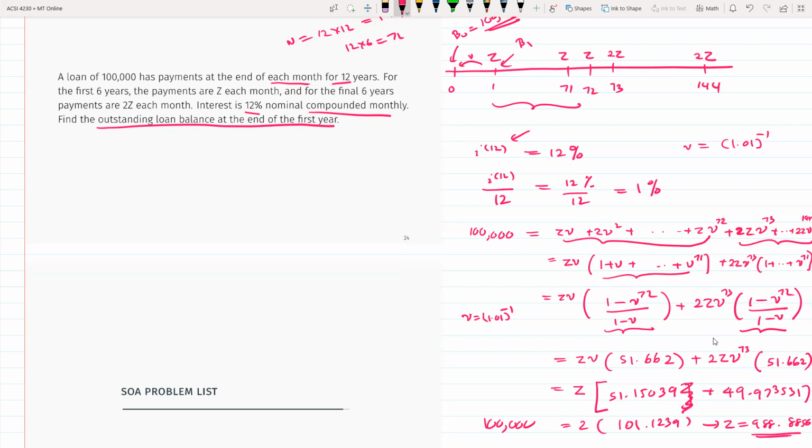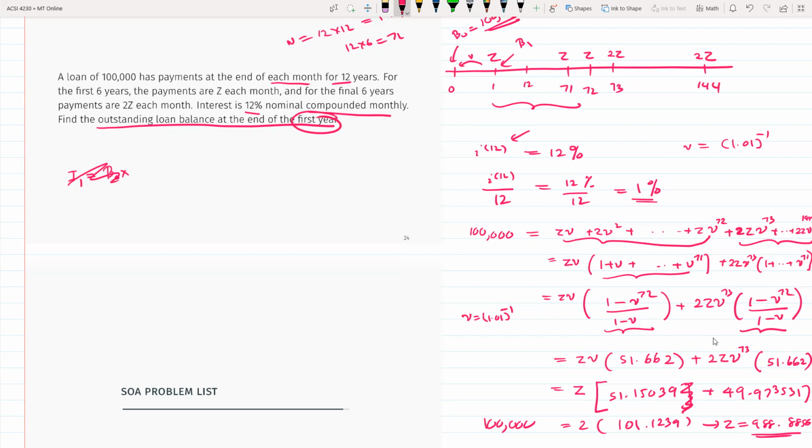Okay. So once you get Z, then we want to calculate the outstanding loan balance at the end of the first year. So what is the interest due? I1 is B0 times the rate, which is 1%. Oh, the outstanding loan balance at the end of the first year, not first month. Oh, we have to be careful.